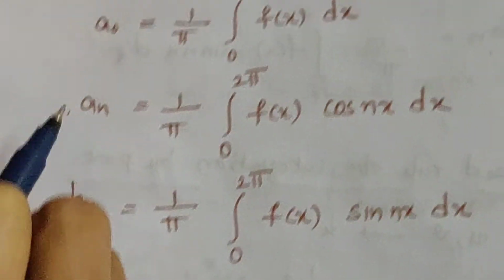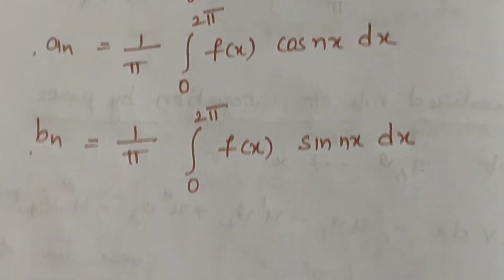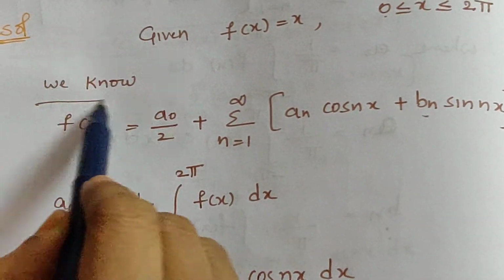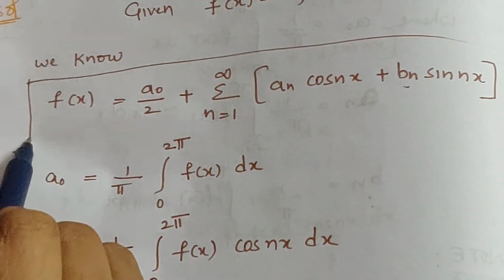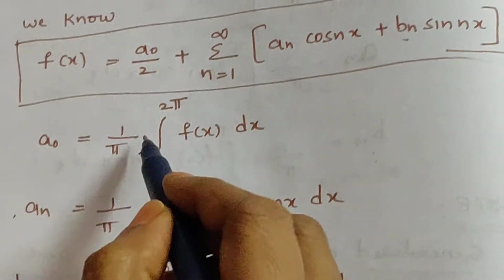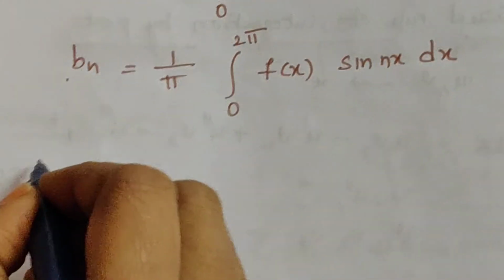So if you find these three Fourier coefficients and substitute them in this formula, you will get the Fourier series expansion of the function f(x). Now we are going to determine these three Fourier coefficients.